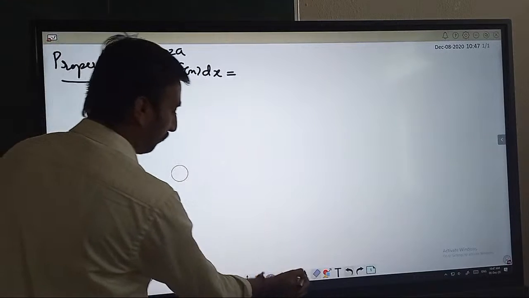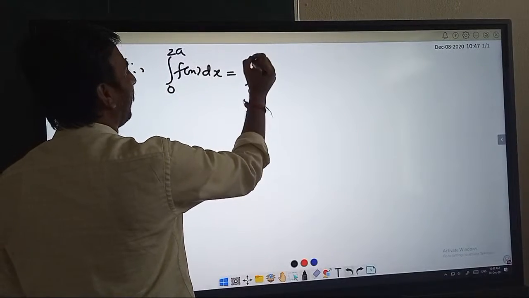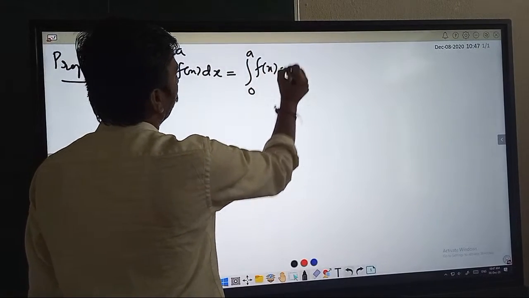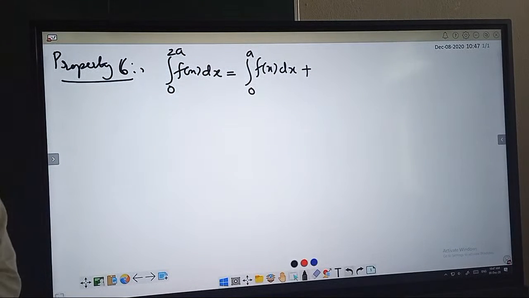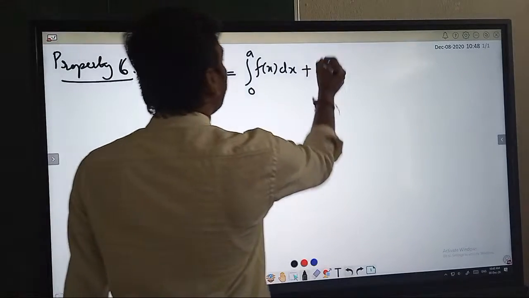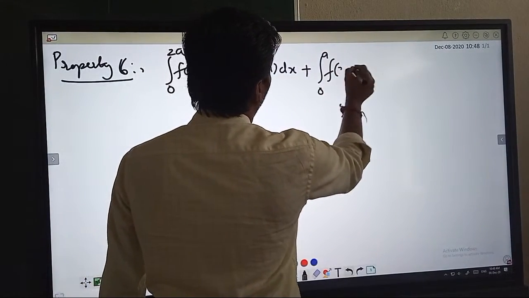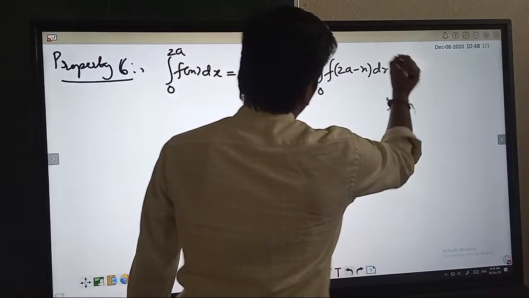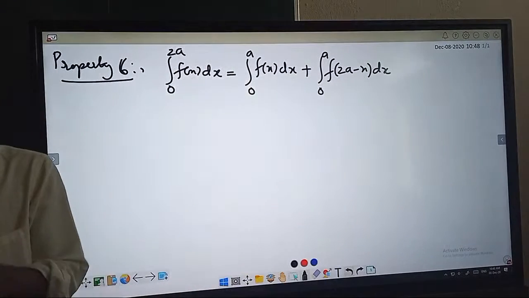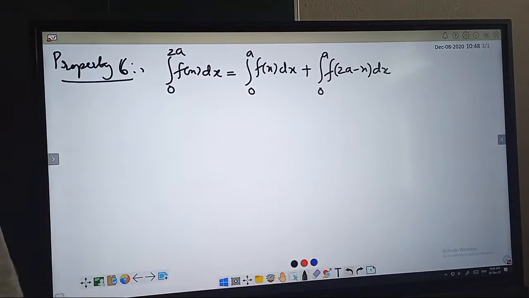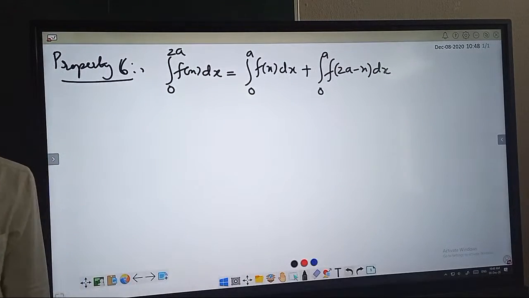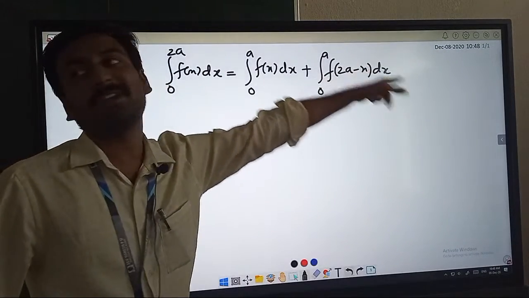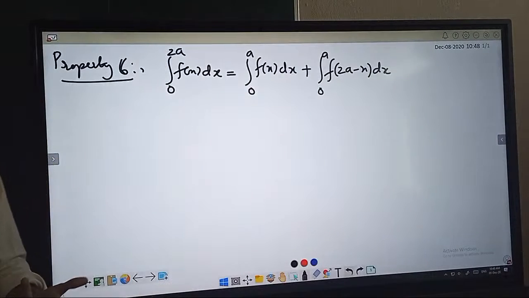The property tells us it is the same as integral 0 to A of f(x) dx, and also integral 0 to A of f(2A minus x) dx. This seems a bit odd, right? 0 to A you can split as 2 intervals, but here I have taken f(2A minus x) dx.